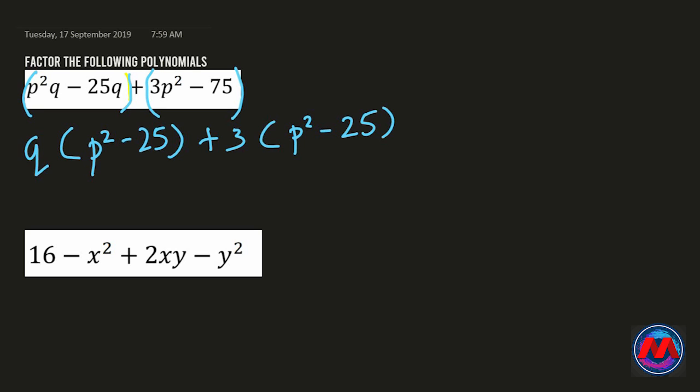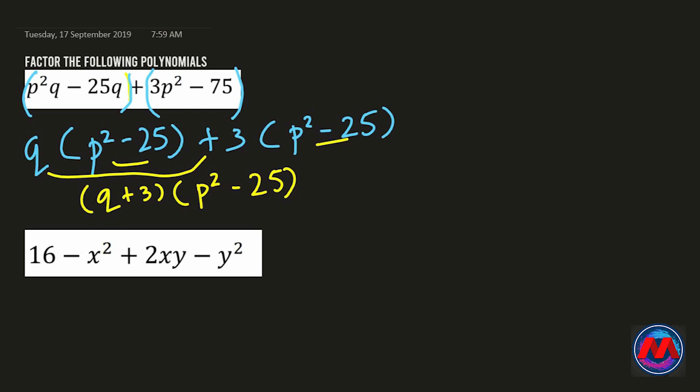If you notice, this is the same as this. So to rewrite the final factors, that would be equal to q plus 3 multiplied by p squared minus 25. But we're not done yet, because p squared minus 25 can be factored using difference of two squares.